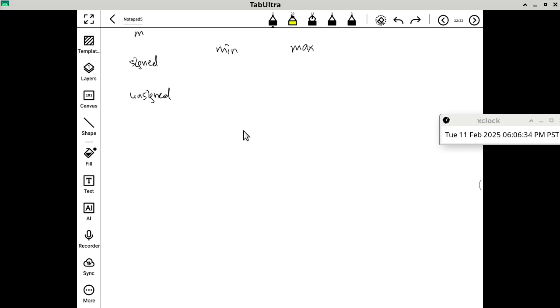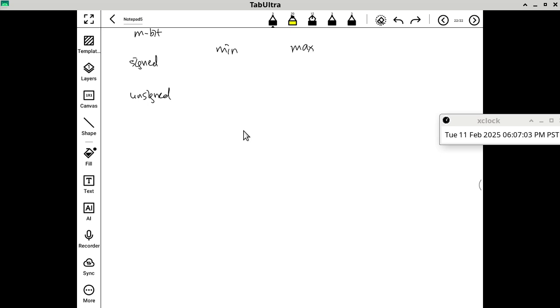And we are using M bits. But we can also look at it from the perspective of VS versus VU.